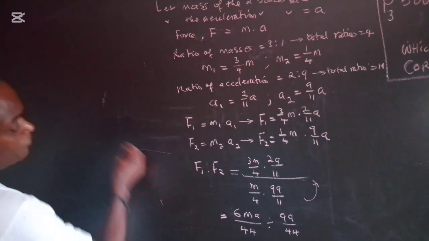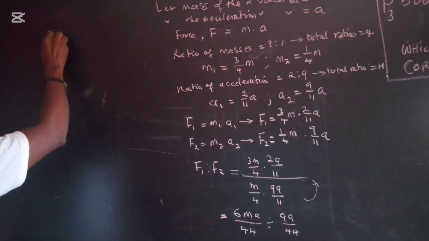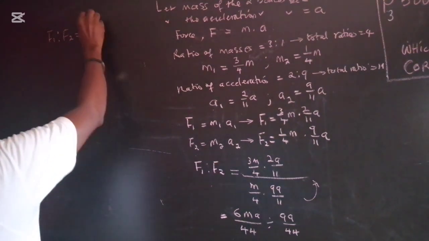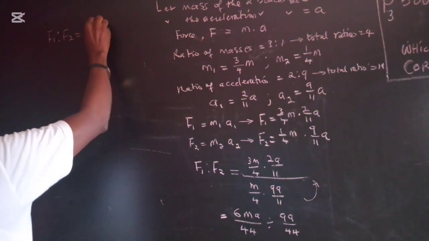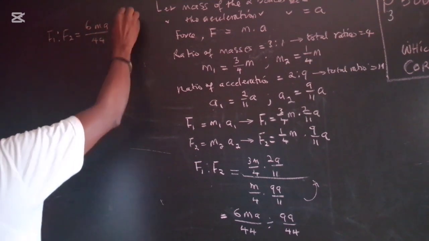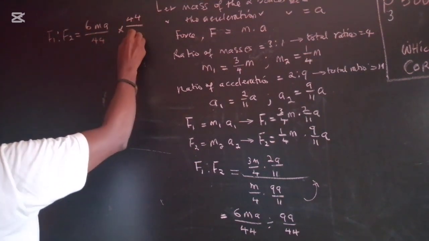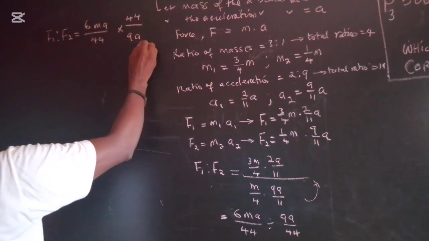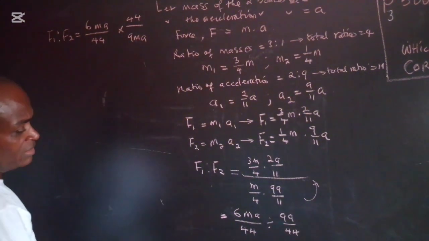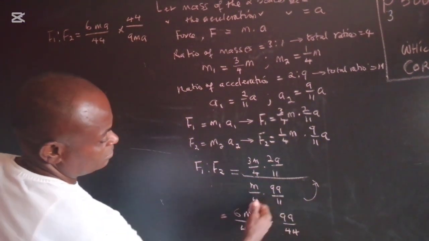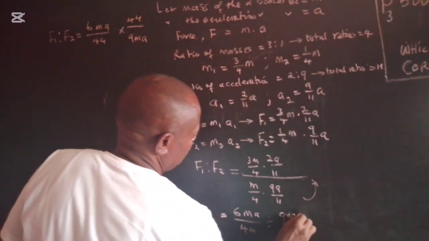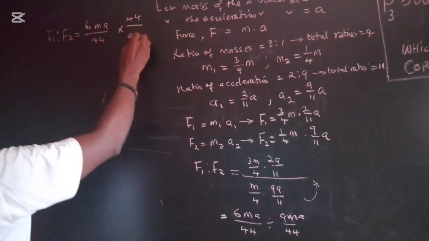So our F1 to F2 is going to give us 6ma over 44 times 44 over 9ma, because if you invert, that's going to go up.